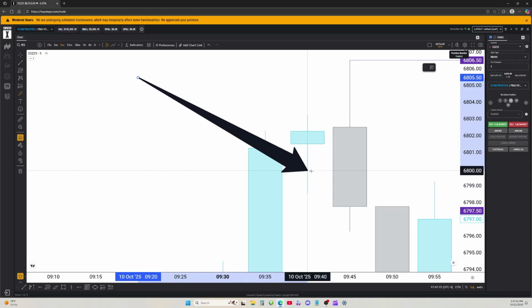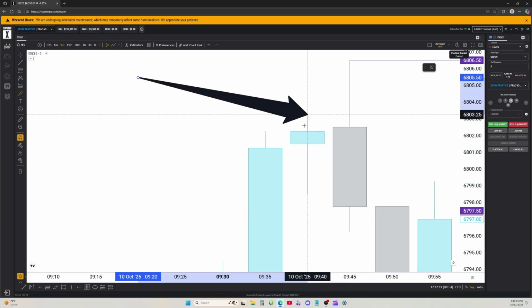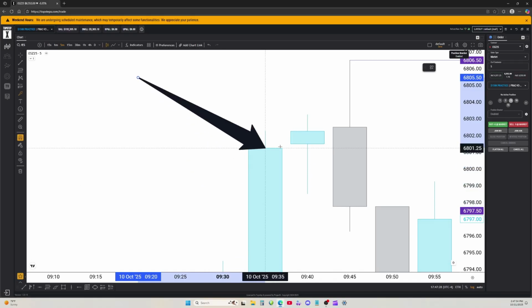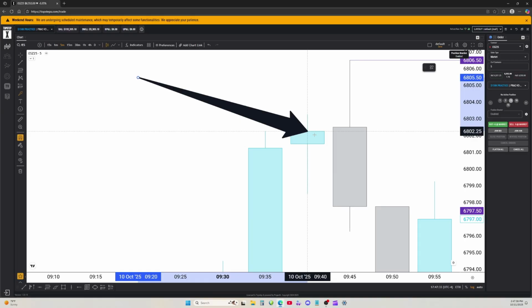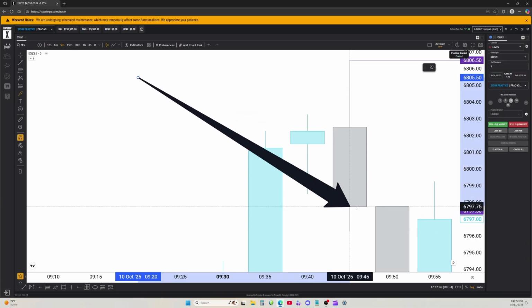Sometimes they don't have wicks like this one. Sometimes they have really big wicks, sometimes itty bitty wicks. It depends. But with the bullish candle, these blue ones, it opens at the bottom, closes at the top. Vice versa with the bearish candle, it opens at the top, closes at the bottom.